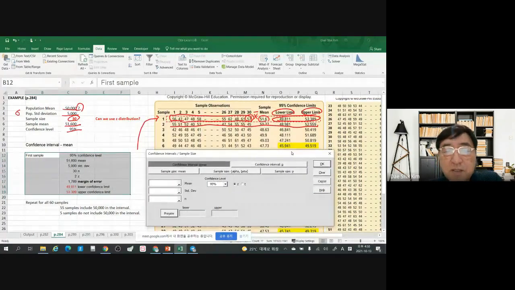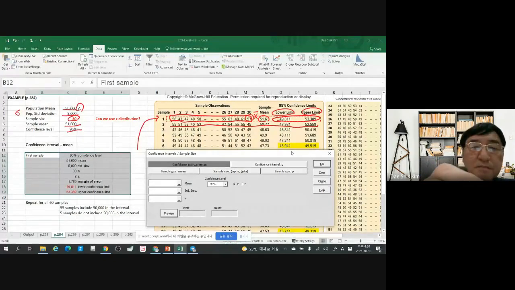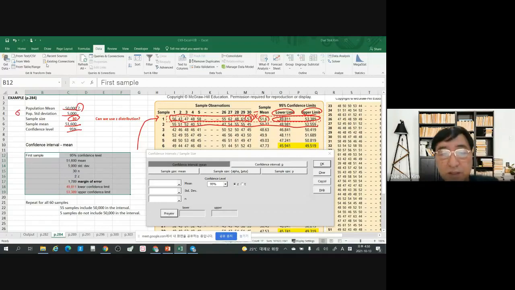Let's try this case, sample number 6. Sample 6, average was 47,730. Okay, standard deviation is 5,000, sample size 30.